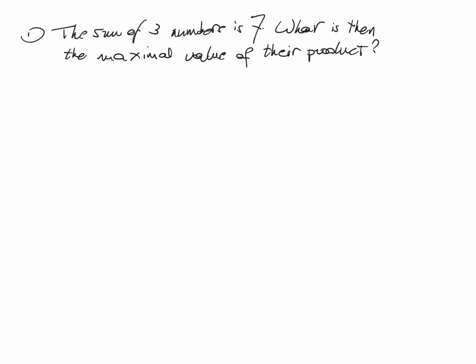Let's say that the three numbers are a, b, and c, so we know that a plus b plus c is equal to 7. And we also know the arithmetic geometric inequality, so we know that (a plus b plus c) divided by 3 is always larger or equal than (a times b times c) to the power 1 over 3.